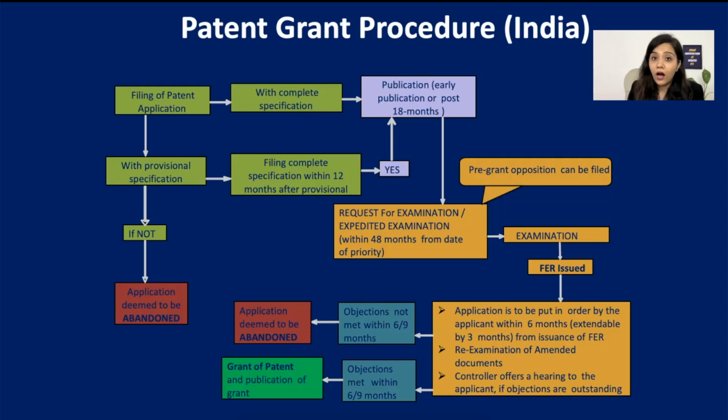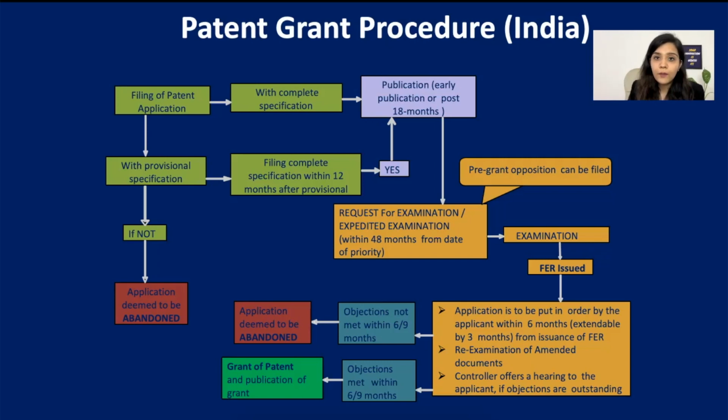Next, there are two types of forms associated with patent examination. One is normal examination, or express examination in case of PCT applications. So don't confuse between express and expedited. Express is form 18 only, and express happens only for PCT applications.